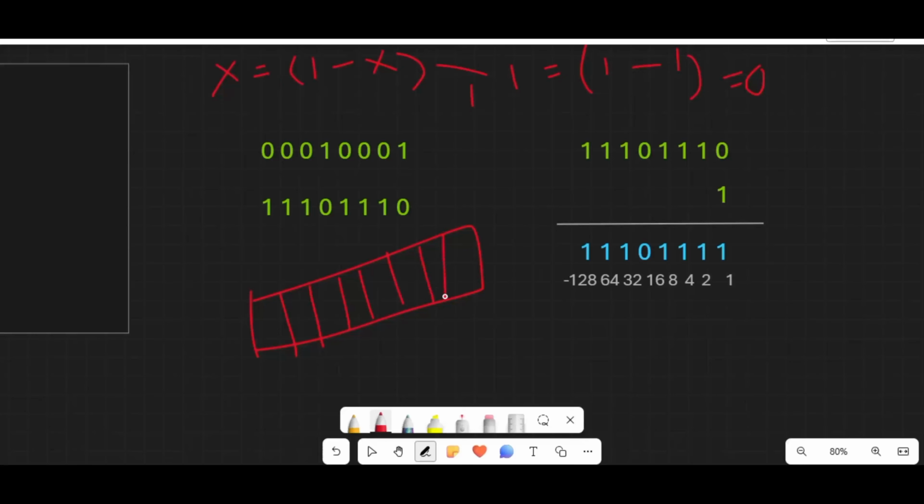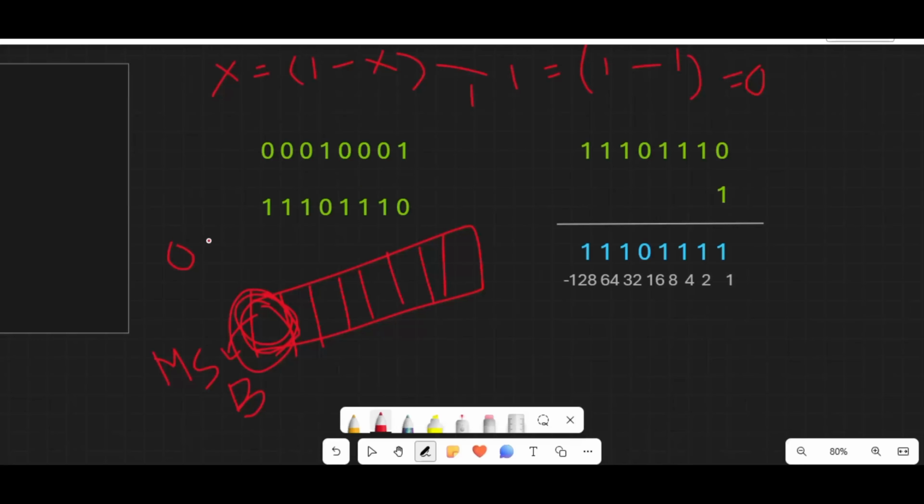Whatever the last component is, that is called MSB. MSB is nothing but most significant bit. So the last bit there is considered as the MSB.